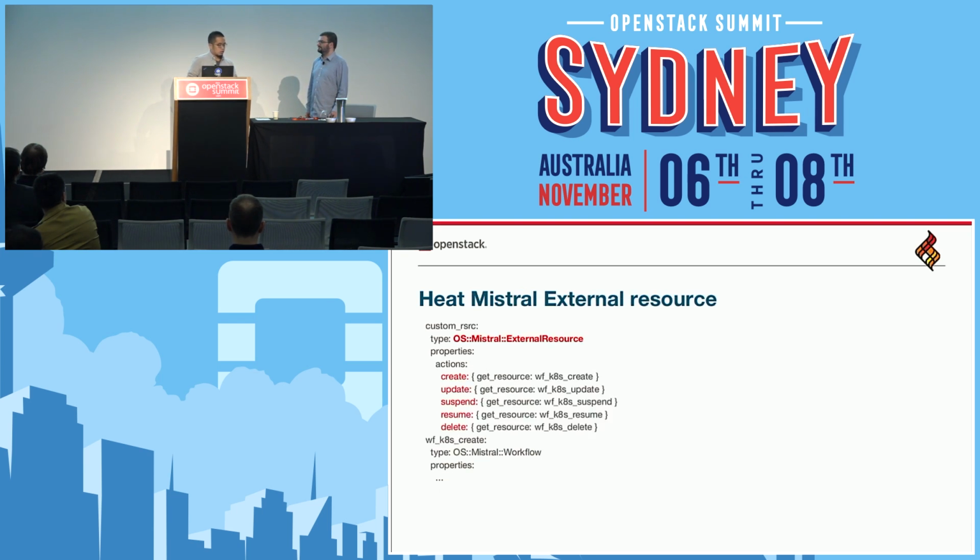And we have the Mistral external resources. The Mistral external resource is another very interesting use case because it separates all the actions for you into a workflow. For example, if you want to create Kubernetes, your create process will find the workflow and create it, following the process inside the workflow. That is more of an approach to life cycle management, I think.